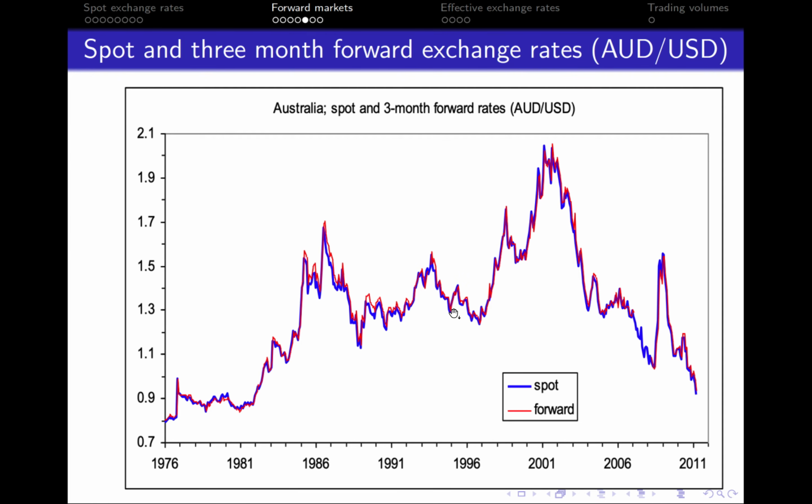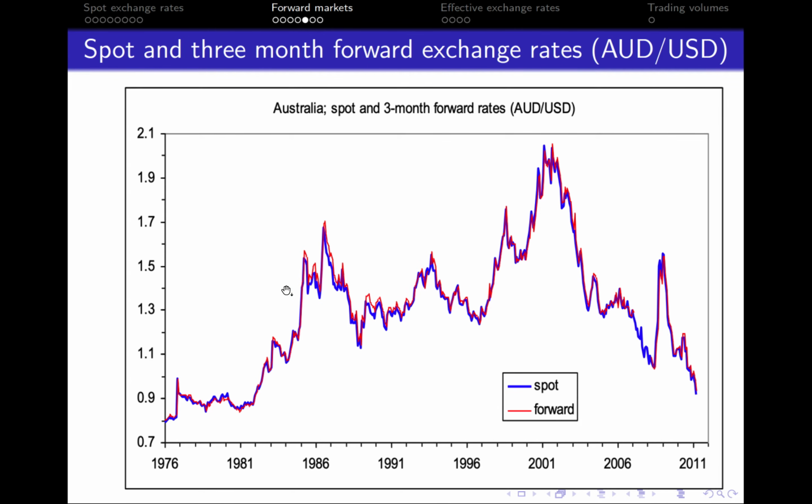But there are some periods of time, like, for example, the one you see over here in 2007, when most of the companies, most of the economic agents were expecting depreciation, and depreciation was taking place, where spot and forward were basically the same.